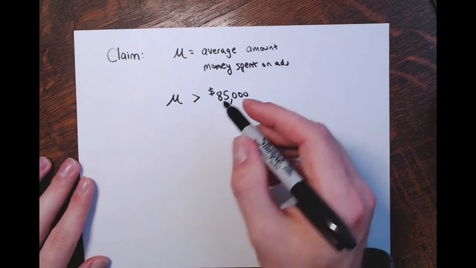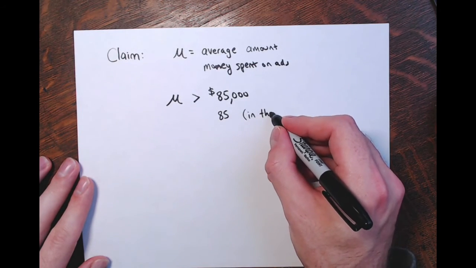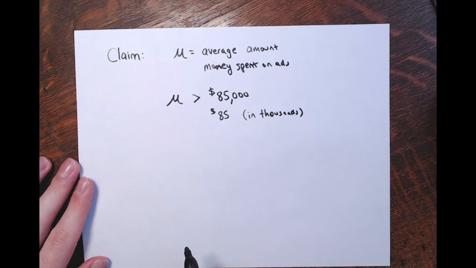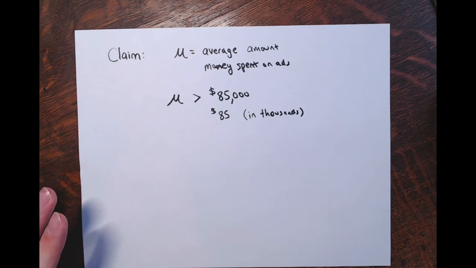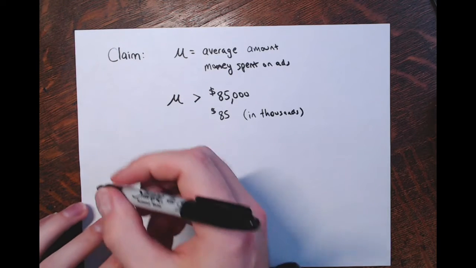Or I could just say 85 and then off to the side note in thousands. But the claim though is that the mean is greater than 85,000. Now remember, once a claim is stated or figured out, a belief, then you form these hypotheses, right?